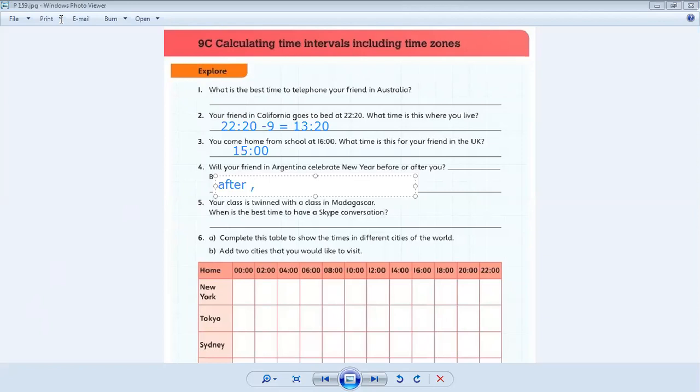Who can answer? If you see me, maybe you can think well. Okay, 5 plus 1. What is the result? 6. 6 hours difference between Libya and Argentina.